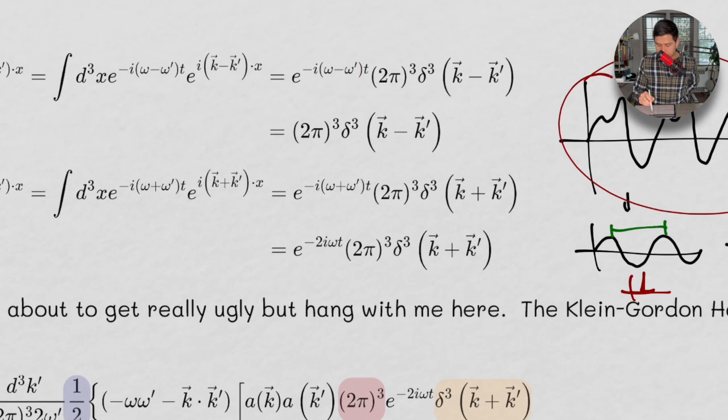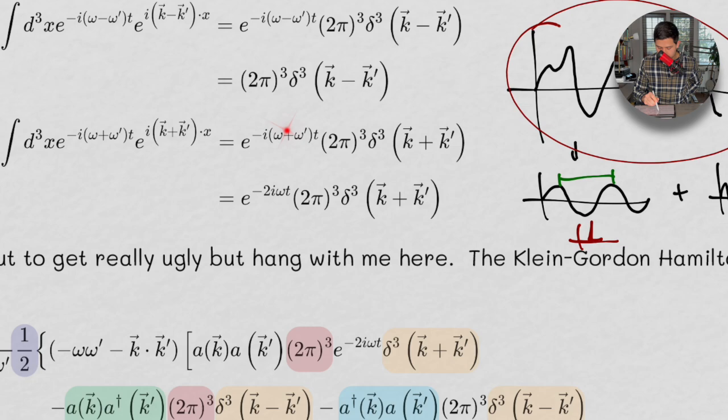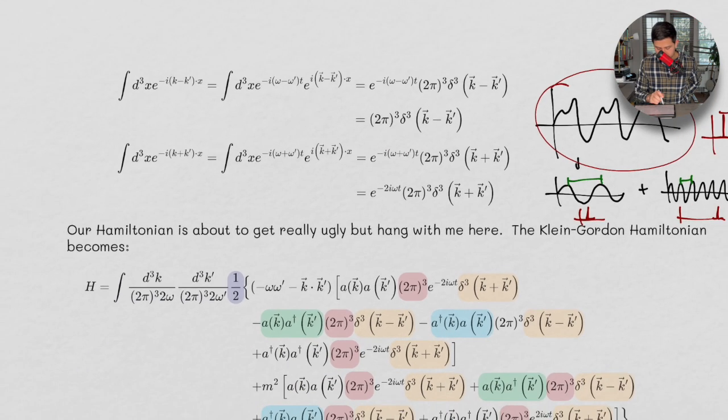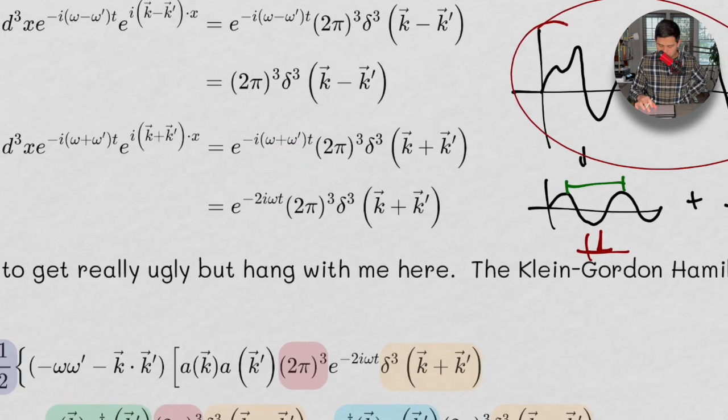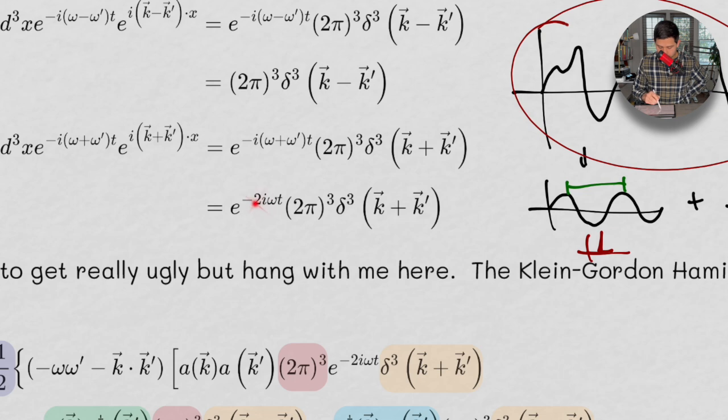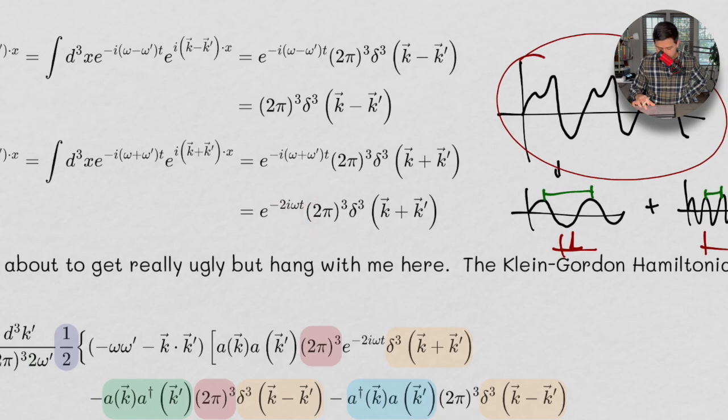Because we're going to ultimately collapse omega prime to omega. And so when those things are equal, we get e to the 0 power, which is 1. Same thing here, right? So when we stare at this thing, we look here, this is going to be 2 omega, because it's omega plus omega when we do this collapsing. And so what we get then is this factor of 2 here, okay? And then everything else stays the same.